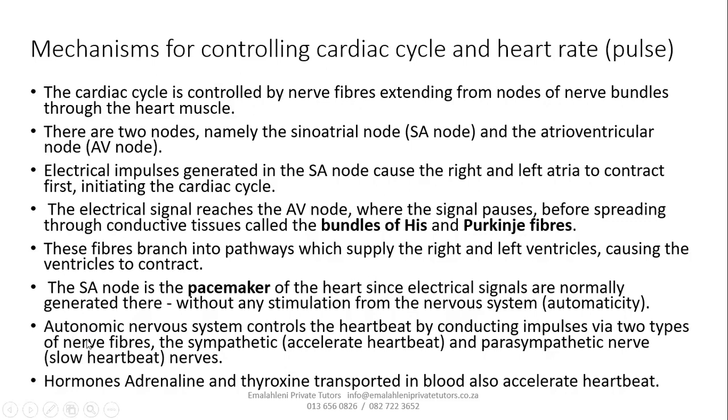Now, the autonomic nervous system controls the heartbeat by conducting impulses via two types of nerve: the sympathetic, which accelerates the heartbeat, and the parasympathetic, which slows the heartbeat.